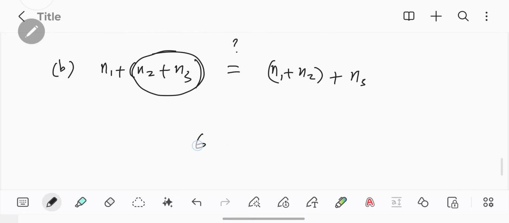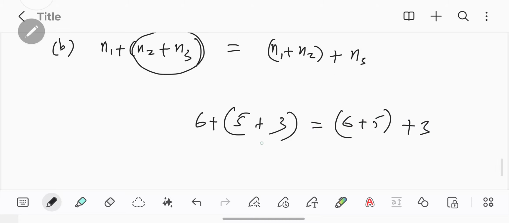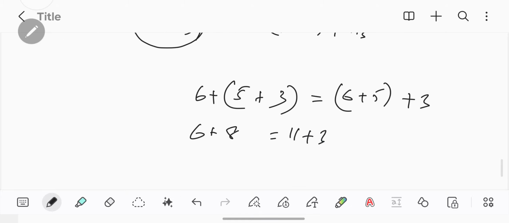For example, if you take 6, 5 and 3: 5 and 3 is 8, and here 6 and 5 is 11, plus 3.